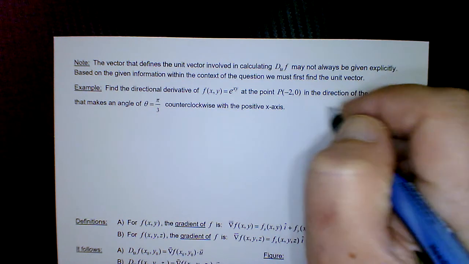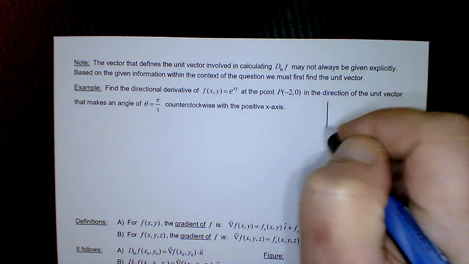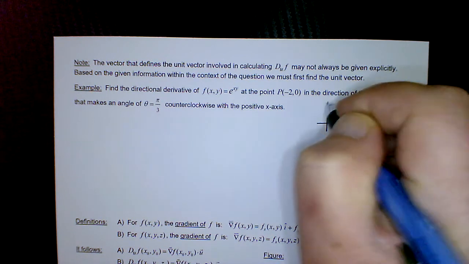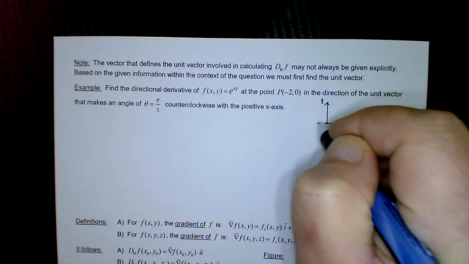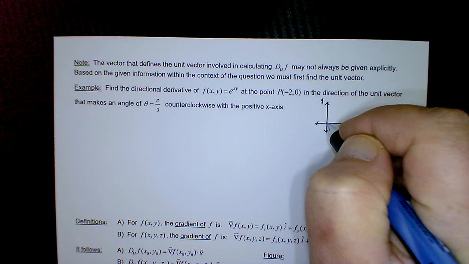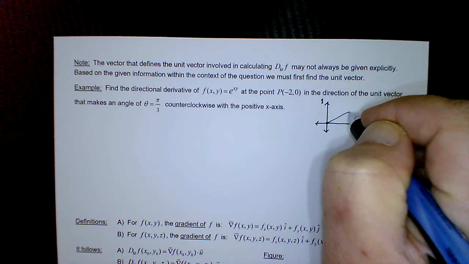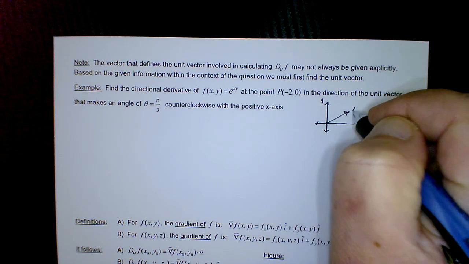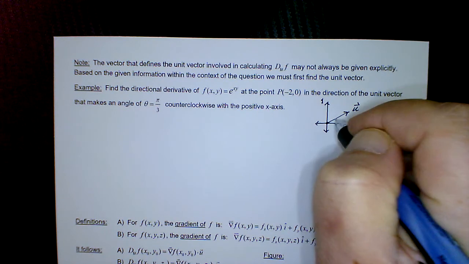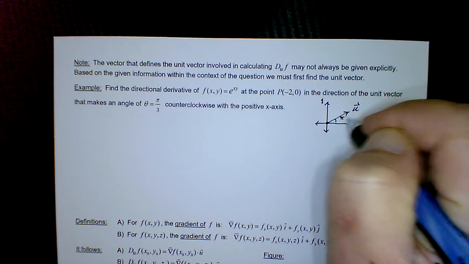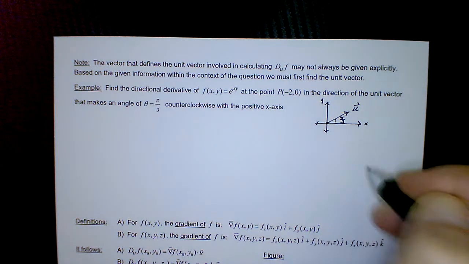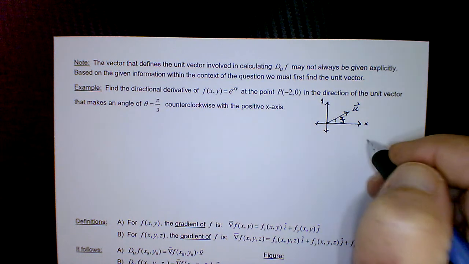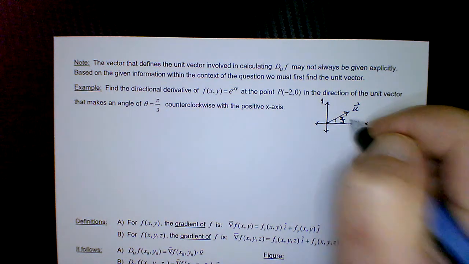So I'd probably recommend a little sketch here of what that unit vector looks like. So it's making an angle of pi over 3 with the positive x-axis. And that angle pi over 3 is 60 degrees.